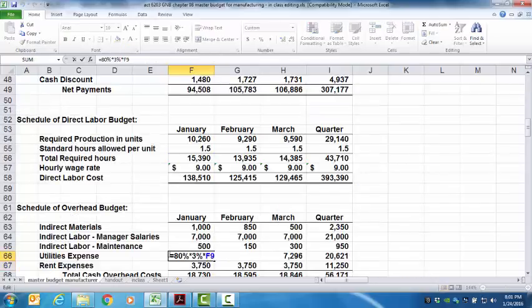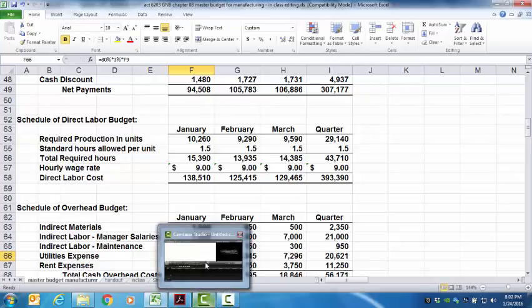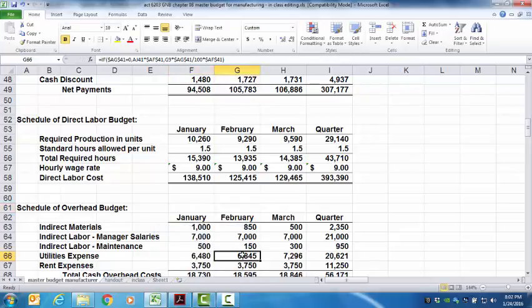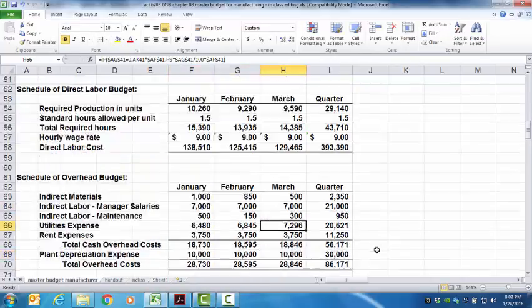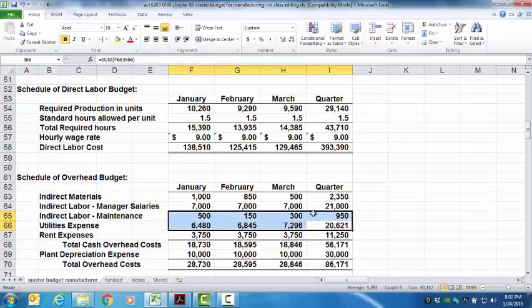So I want 80%, which is attributed to the product, and 3% of your sales. Notice again, I'm using cell addresses in my formula, so everything is linked. If we make a change, it'll roll through. And I'll also do this for February and March. And of course, all these quarters over here, I can just tally the rows.